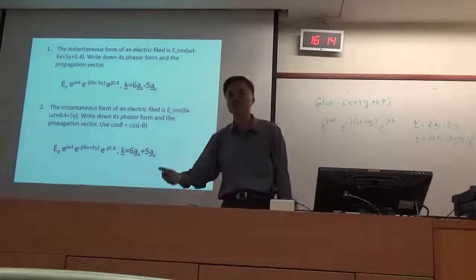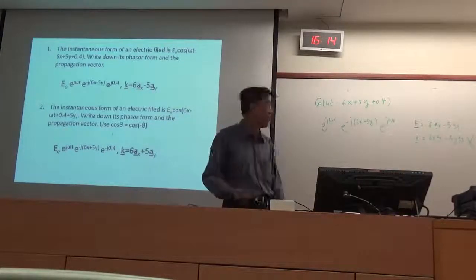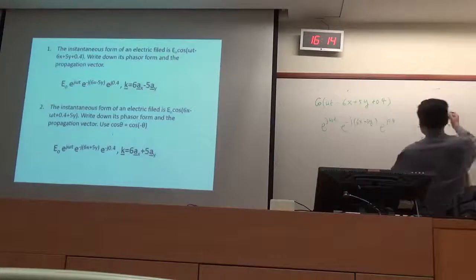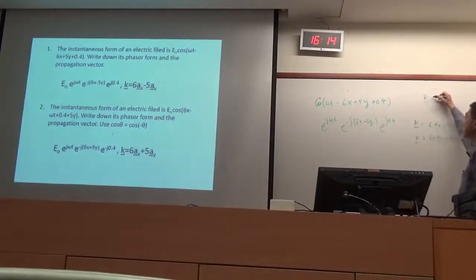K is not equal to 6x ax minus 5y ay. This is k dot r, which gives you 6x minus 5y, because k is this and r is equal to x ax plus y ay plus z az.